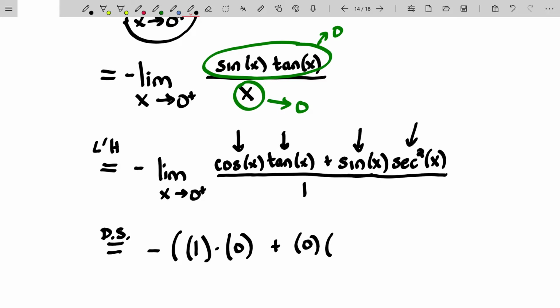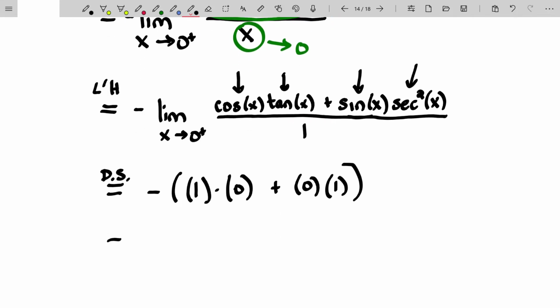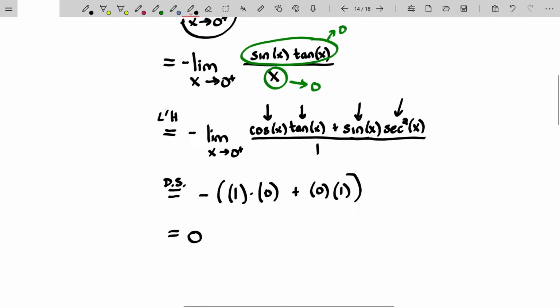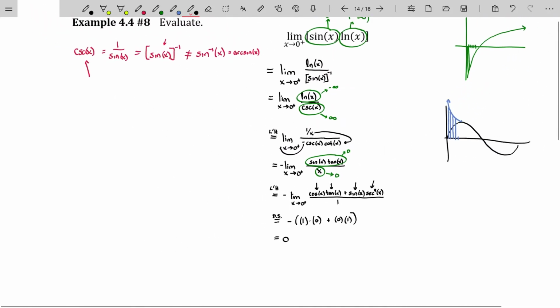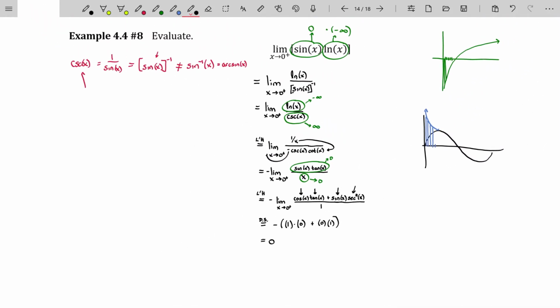Maybe this is undefined. If that's undefined at 0, then we have to do some more work. But the secant squared of x at 0 is actually 1. And there we go. We now know that this limit is going to be 0. That is a very good limit, and it has a lot of meatiness to it, a lot of details that I really dig.